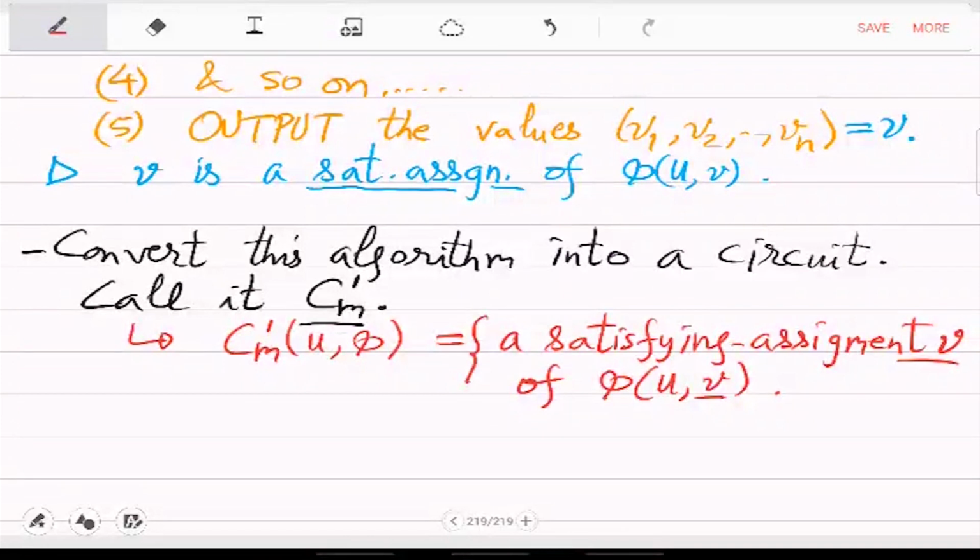Okay, so it outputs an n-bit string. That's the circuit C_m prime.